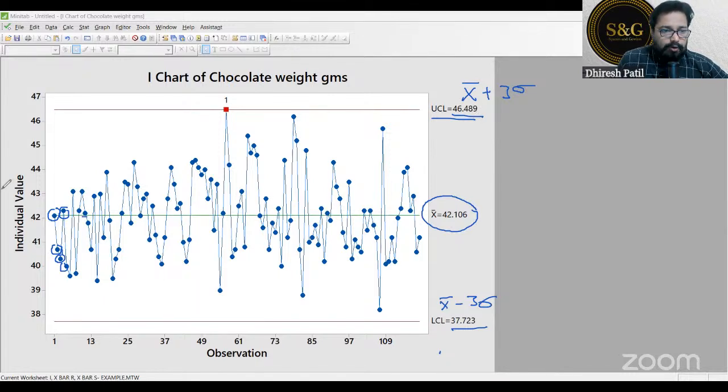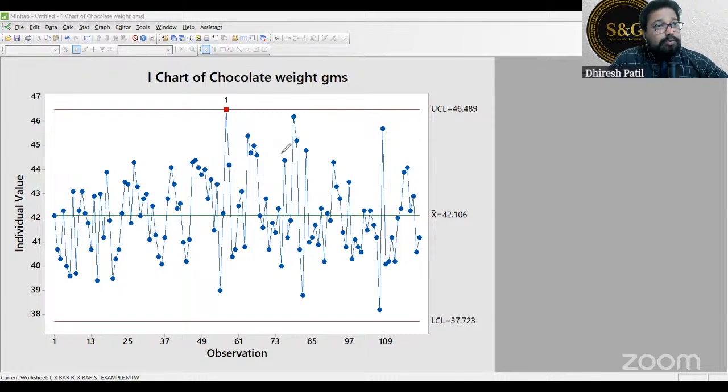Now, just try to understand this. If you observe very closely, there is something very important. Do not take huge data in the control charts. I highly recommend, do not cross more than 200 data points.